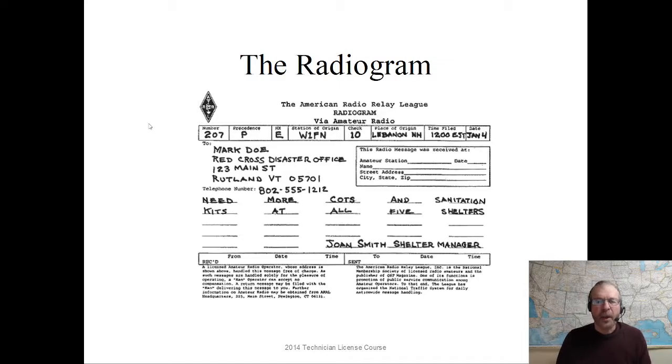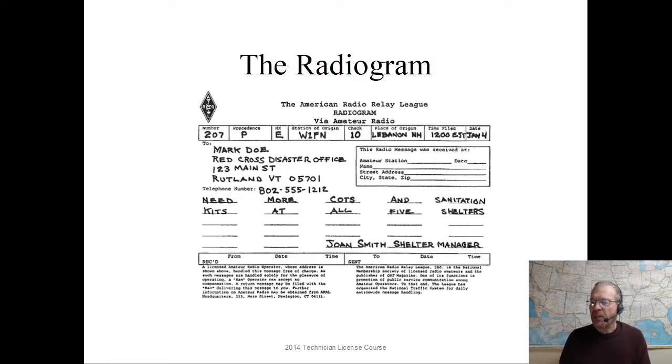Here's a radiogram. This thing has been around for decades, and it does have all of the basic information that you might need. So up near the top you see the number 207 right under the ARRL diamond logo. That's the number of this radiogram.